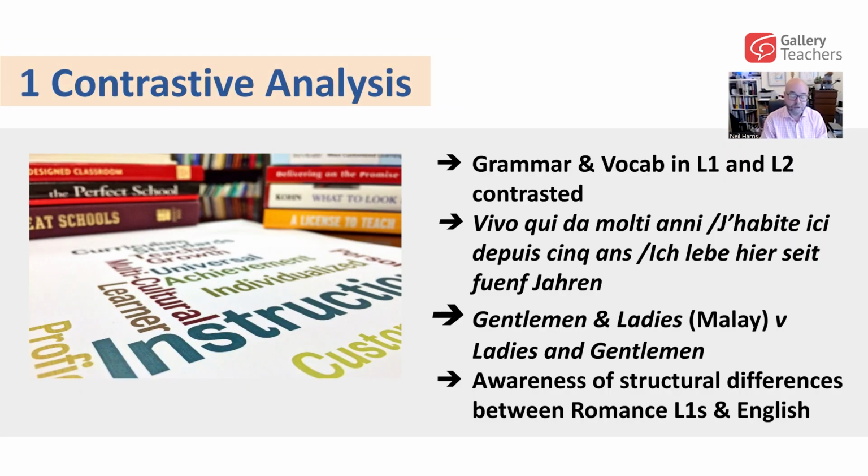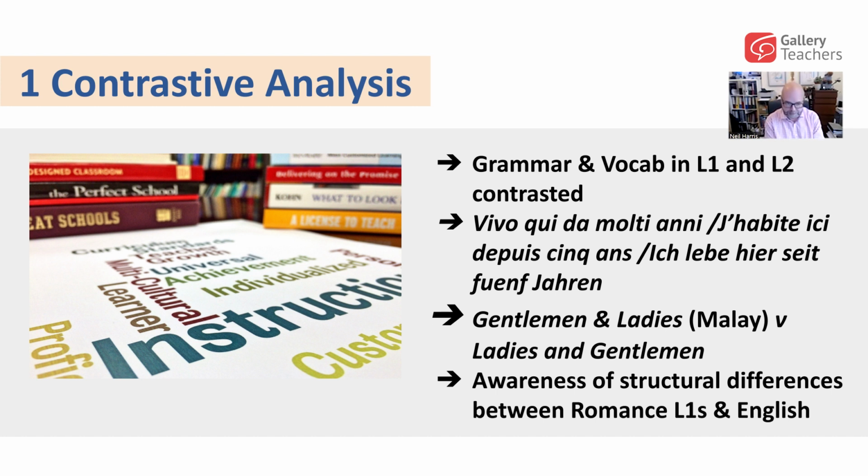Now, contrastive analysis as a main thrust of what we do in the classroom has really gone out of fashion. But it is a way of enabling students to identify similarities and differences between their own language, the L1, and English.